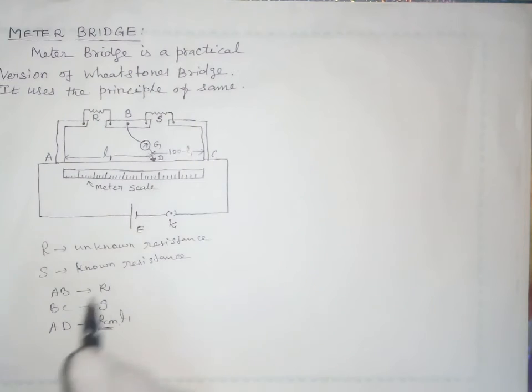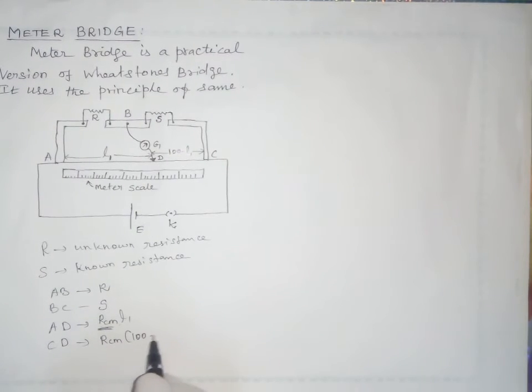Similarly, the gap DC is written as R cm into 100 minus L1.